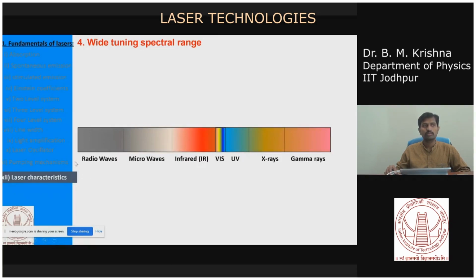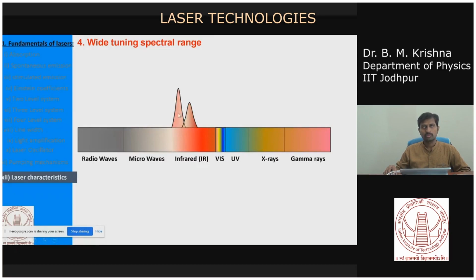It ranges from radio waves to gamma rays. Okay, this is the electromagnetic spectrum. Now you have lasers in a wide variety of ranges which can cover most of the spectral regions of the electromagnetic spectrum. So lasers will cover from infrared.